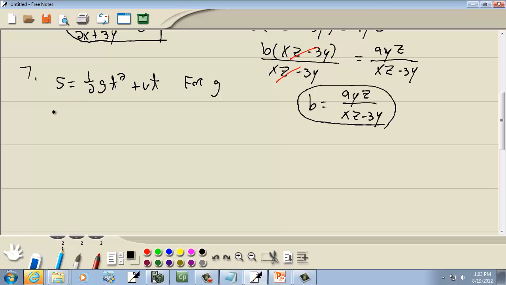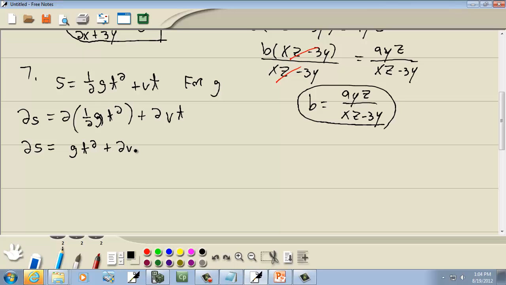We only have one denominator, the 2, so multiply everything by 2. And is that an s or 5? S. So we'll take 2 times s equals 2 times 1/2 gt squared plus 2 times vt. So we got 2s equals, 2's cancel there, gives us gt squared plus 2vt.